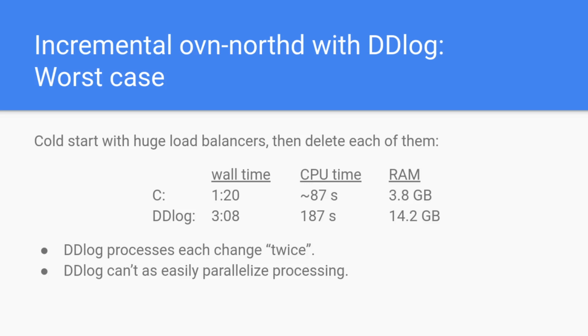This example doesn't show that very well because the wall time and the CPU time in each case are about the same, but it's true in other cases that northd is much better at handling things in parallel. And then finally, the RAM is explained by the way that ddlog uses indexes to support the incrementality, and that just works against it in a case like this.